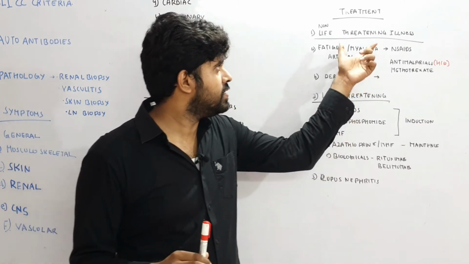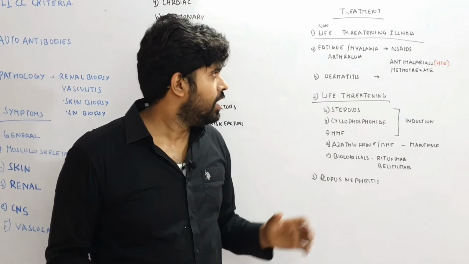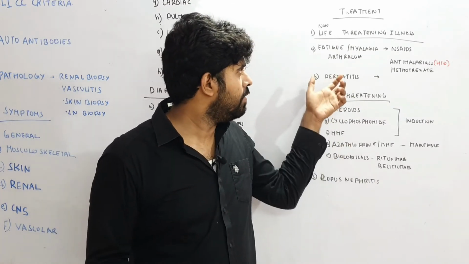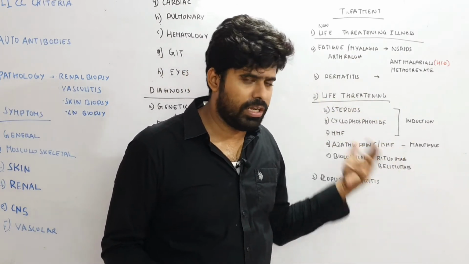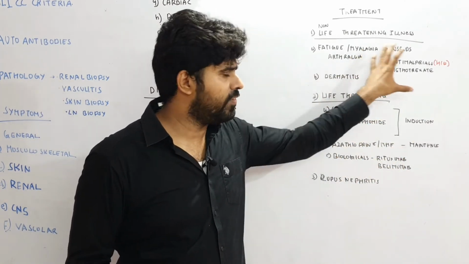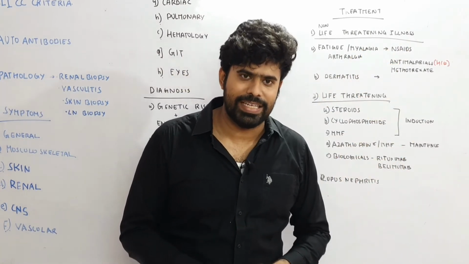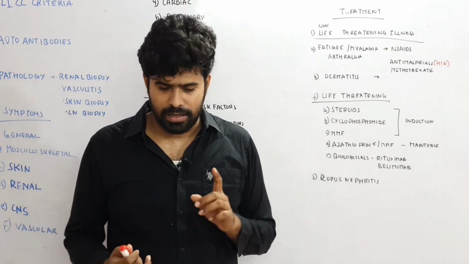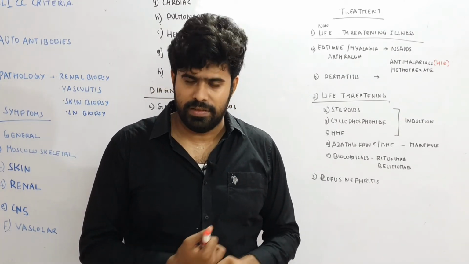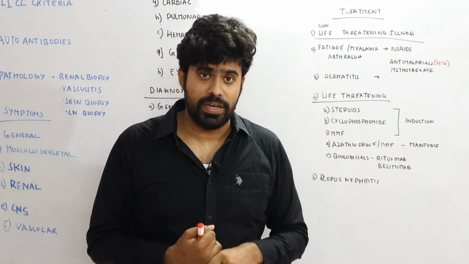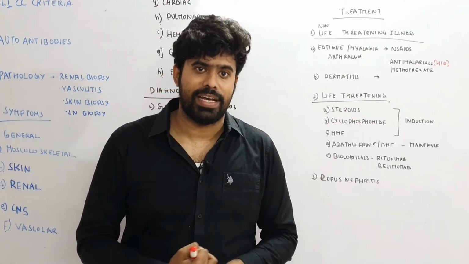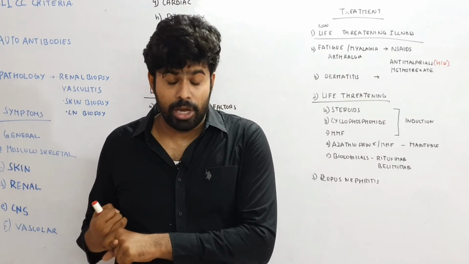So, how do you manage this non-life-threatening illness first? If the patient is having complaints like fever, fatigue, myalgia, arthralgia, with ANA positivity and anti-DNA positivity, you have to first manage with NSAIDs. The problem with NSAIDs, especially in an SLE patient, is that there are two problems. Use of NSAIDs is associated with increased incidence of accelerated atherosclerosis and myocardial infarction.